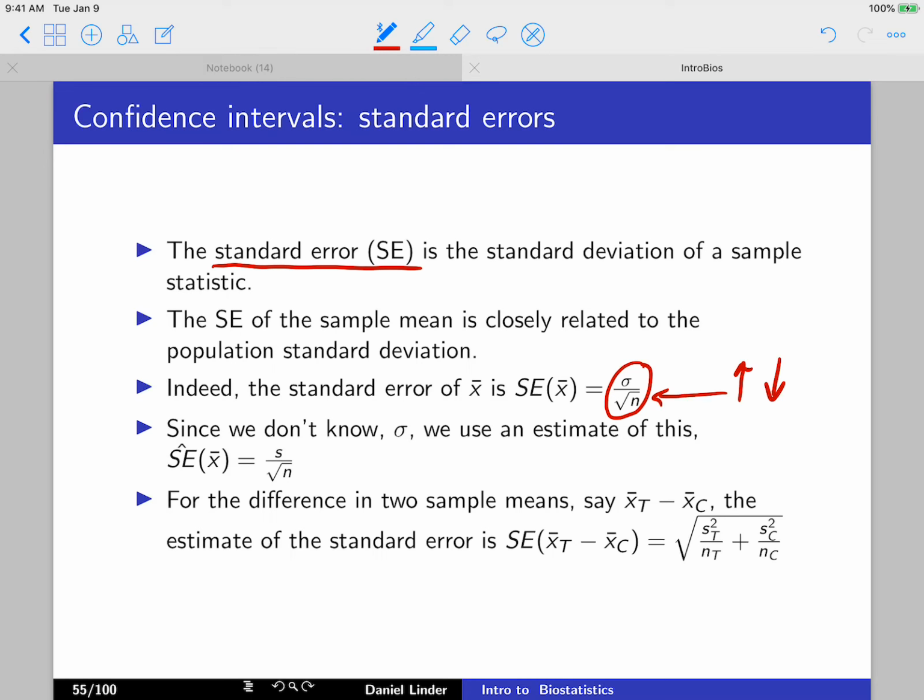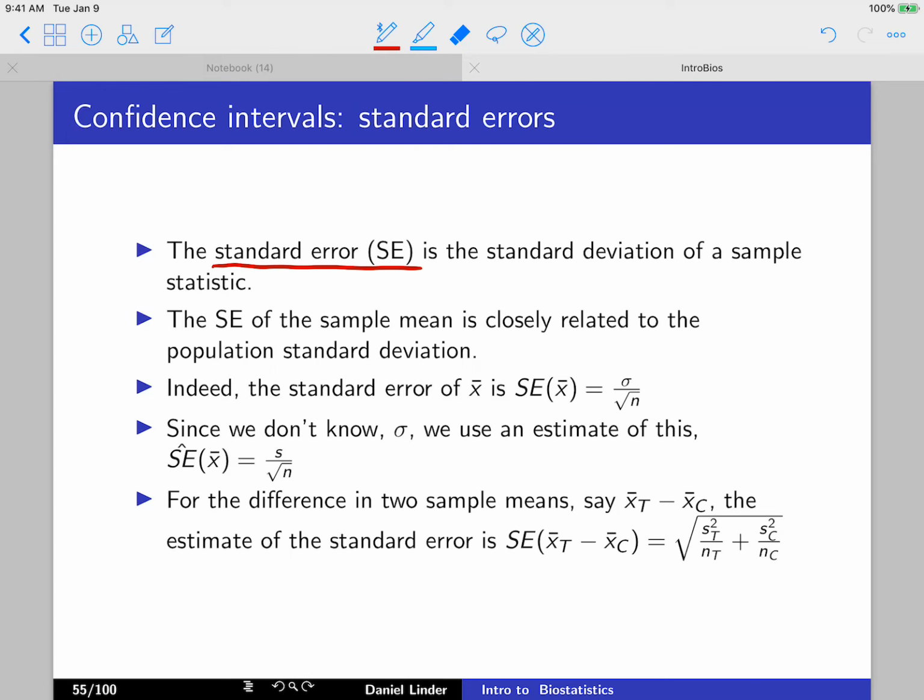Okay? What happens if this square root of n in the bottom decreases? So you decrease your sample size. Well, if you decrease the denominator in a fraction, then the whole quantity will increase. So for smaller sample sizes, the standard error for x bar is larger.